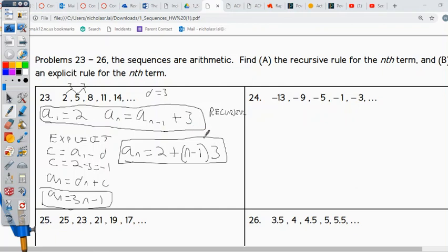Alright, so 24. A1 is negative 13. Would it be 4n minus 17? All we're doing is adding 4 each time. Negative 9 plus 4 is negative 5. But then this has a typo, it's plus 3.